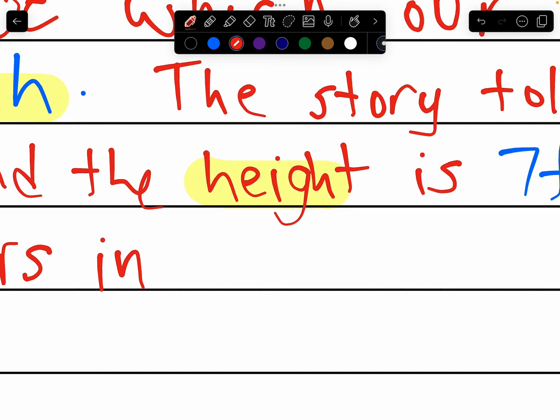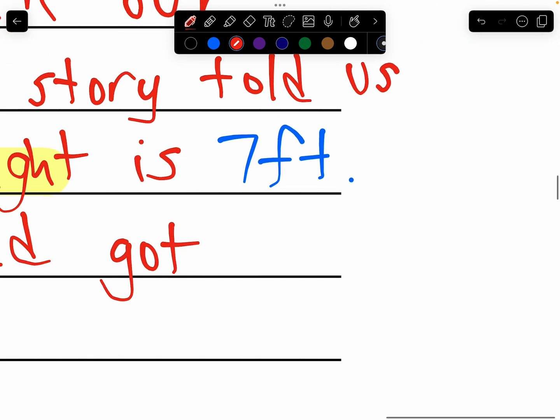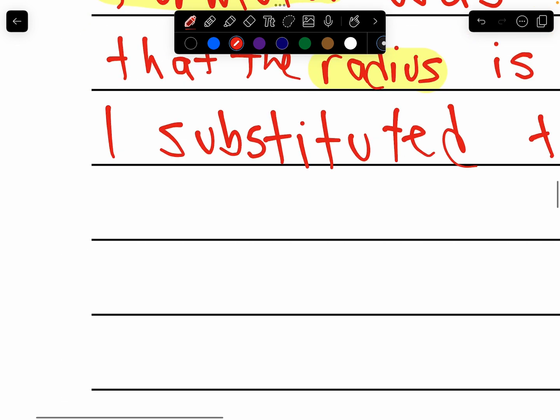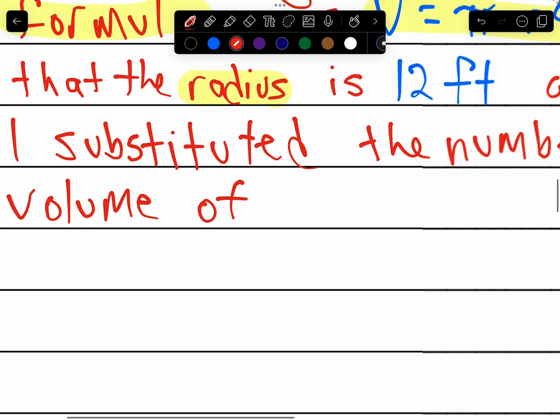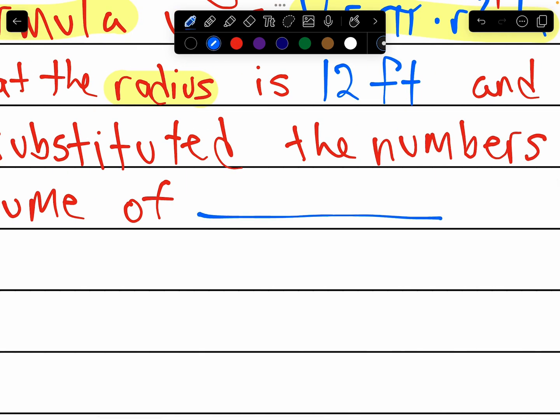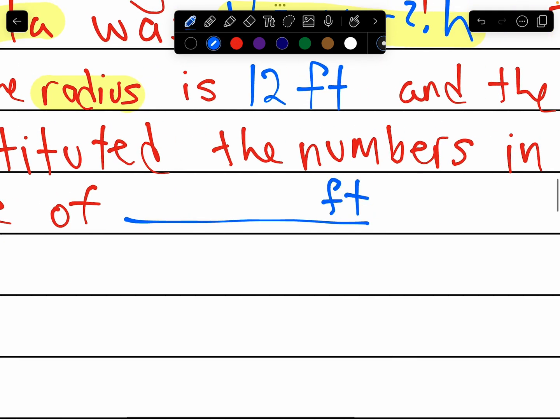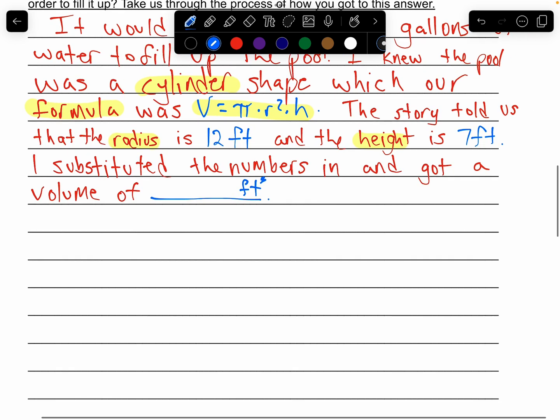And we got a volume of, and then you guys put what your volume was that you got here, feet cubed. More keywords, substituted, volume, and then whatever you guys found as your volume.